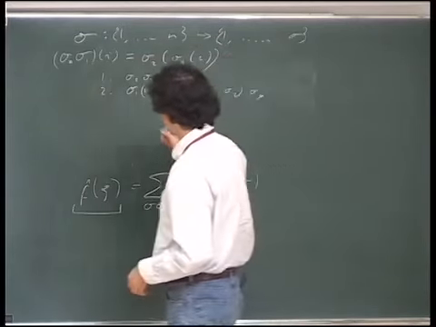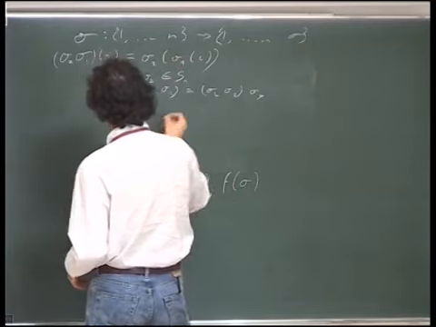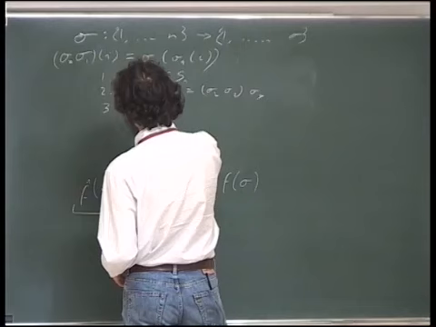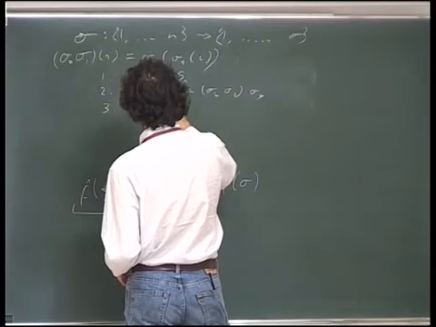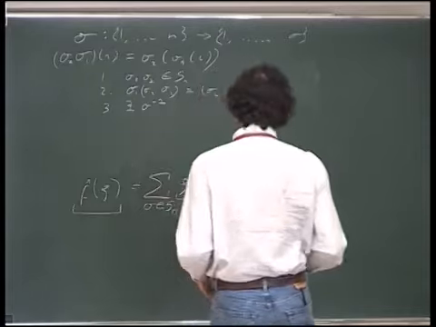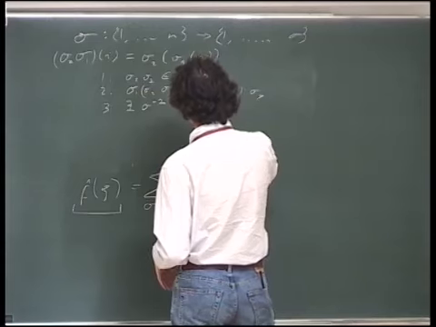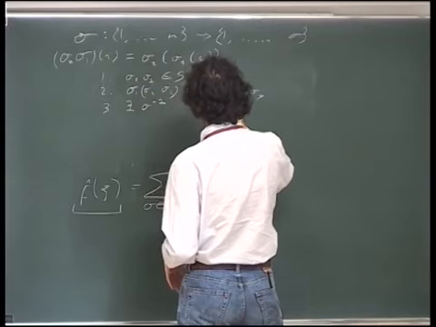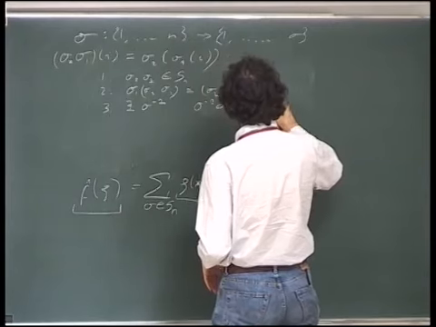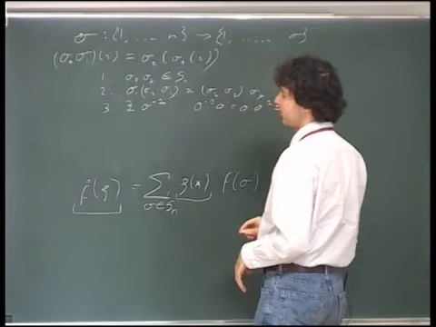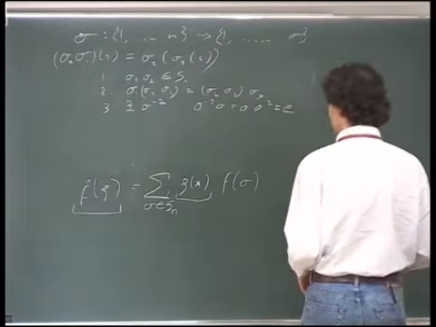There are inverse permutations, so for all sigma, there exists a sigma inverse such that sigma inverse times sigma equals sigma times sigma inverse, which is the identity permutation. So they form a group.